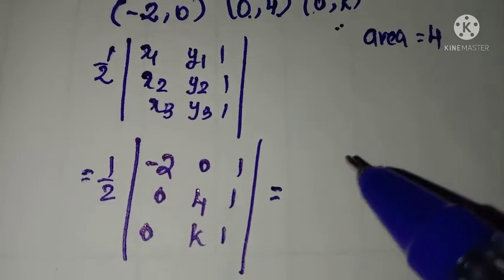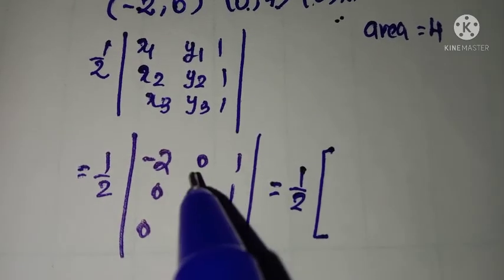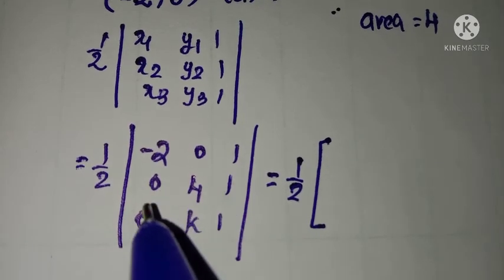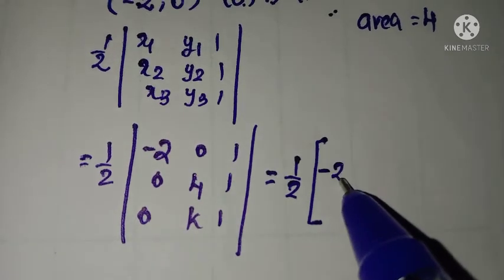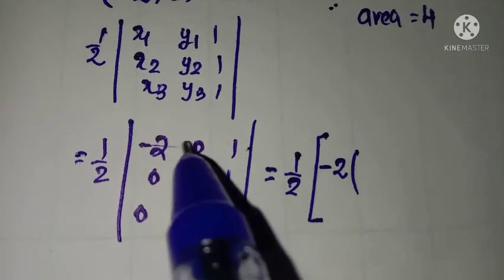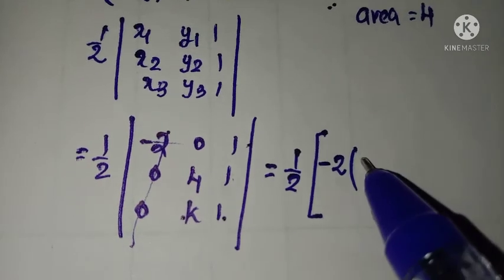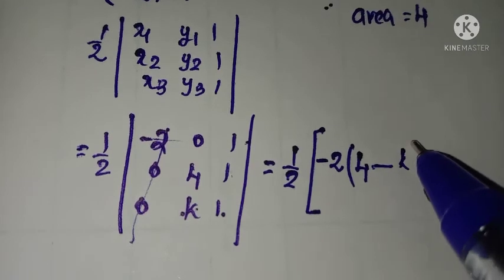Now expanding along the first row, we get half into, see, here expanding along the first column is easy because two entries are 0. So this is minus 2 into, eliminating the first row and first column, we get the determinant 4 1, k 1, that is 4 into 1, 4, minus 1 into k, k.